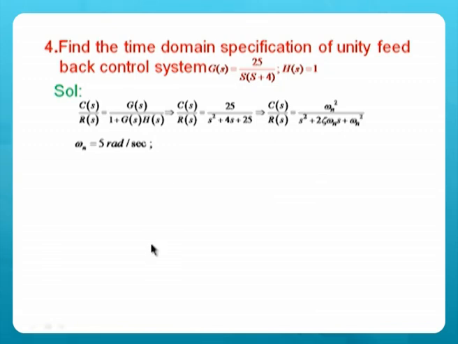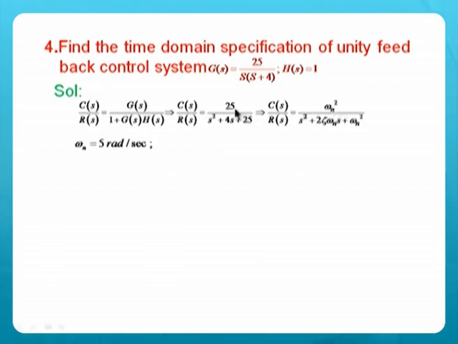So from this expression, you can compare with the standard second order system transfer function. So you get omega n square is equal to 25. So omega n is 5 radians per second. It is the undamped natural frequency obtained from the data.